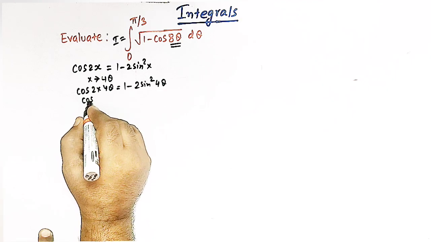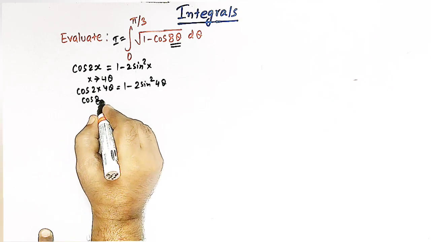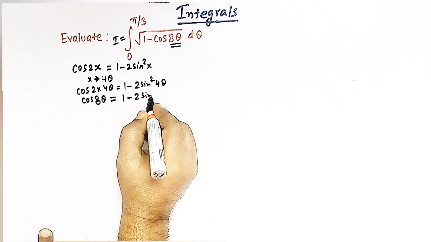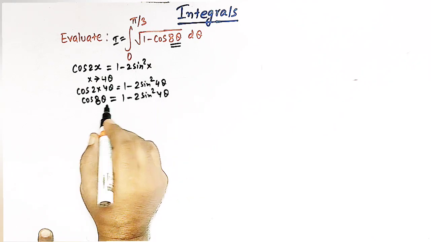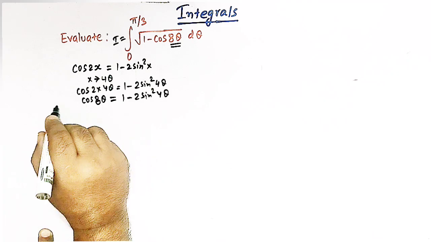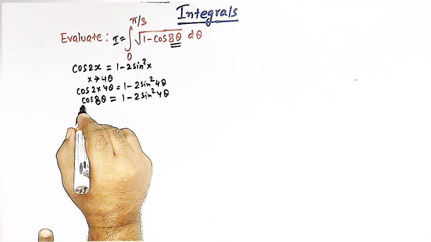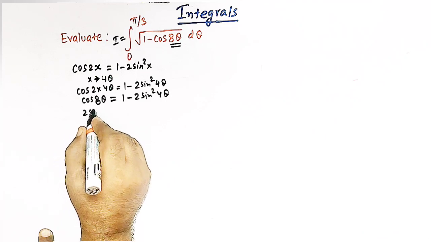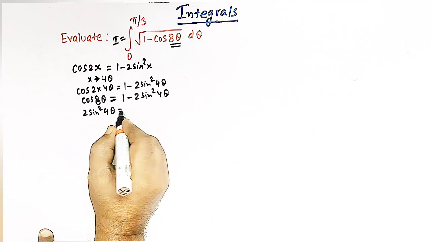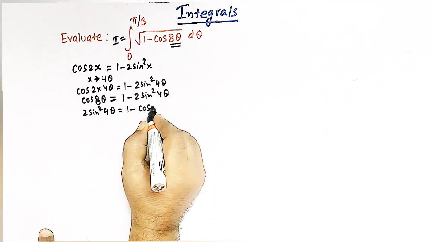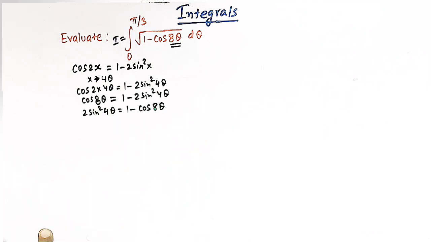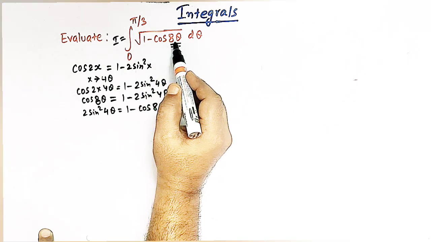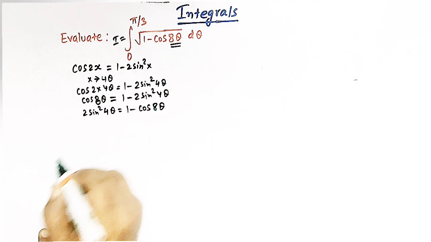Taking this term to the left hand side and cos 8 theta to the right hand side, we have 2 sine square 4 theta is equal to 1 minus cos 8 theta. So the first step is to replace 1 minus cos 8 theta by 2 sine square 4 theta.